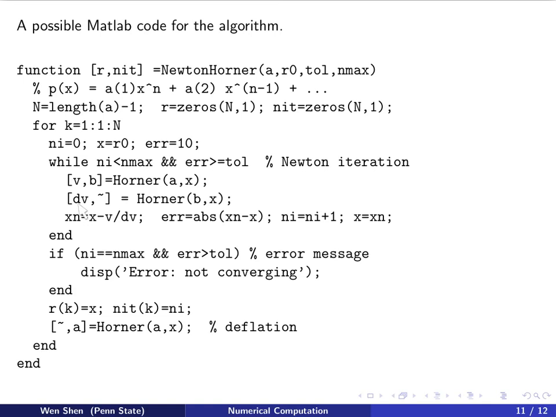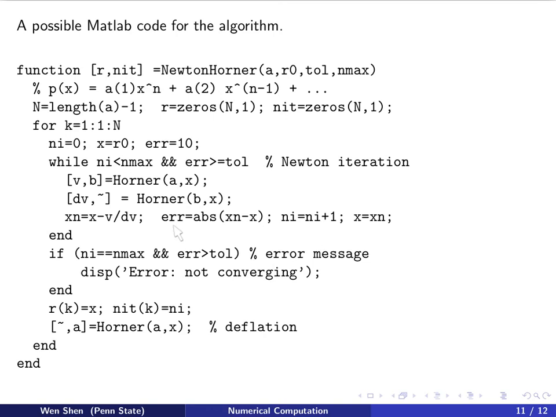We put it in dv, and we are not interested in the other returned value. From the discussion on the previous page, we know that this gives us the derivative of the function, which we can use in Newton's iteration. That is exactly what we did here. The next x is x minus the function divided by the derivative at that point, exactly the Newton iteration.